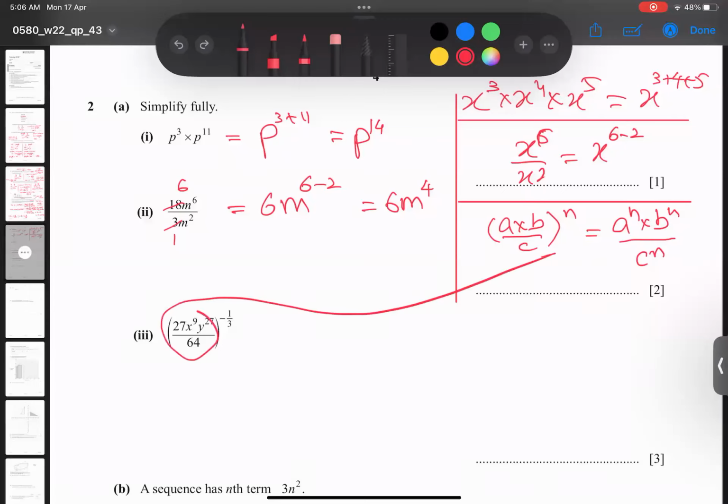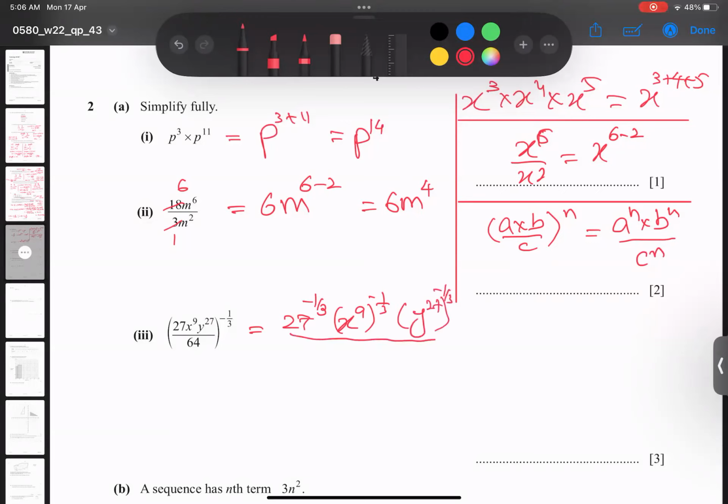So I can say here 27 to power 1 by 3, x to power 9 to power 1 by 3. Sorry, there is a minus also, I saw now. Into y to power 27 to power minus 1 over 3. And down I have 64 to power minus 1 by 3.